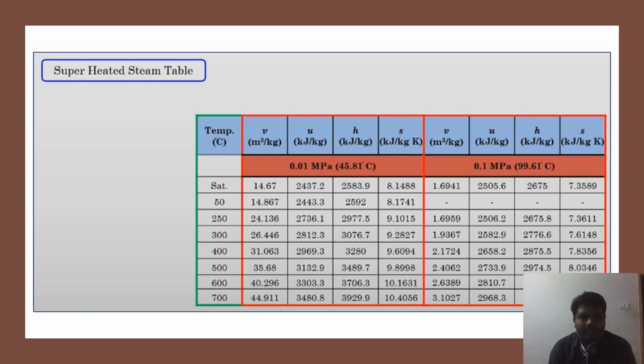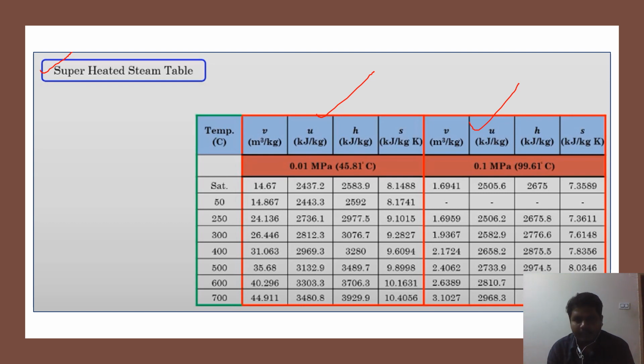Now let us learn how to use the superheated steam table. Here, as you can see, this table is divided into two parts. The first part is only for 0.01 megapascal, and the second part is only for 0.1 megapascal.